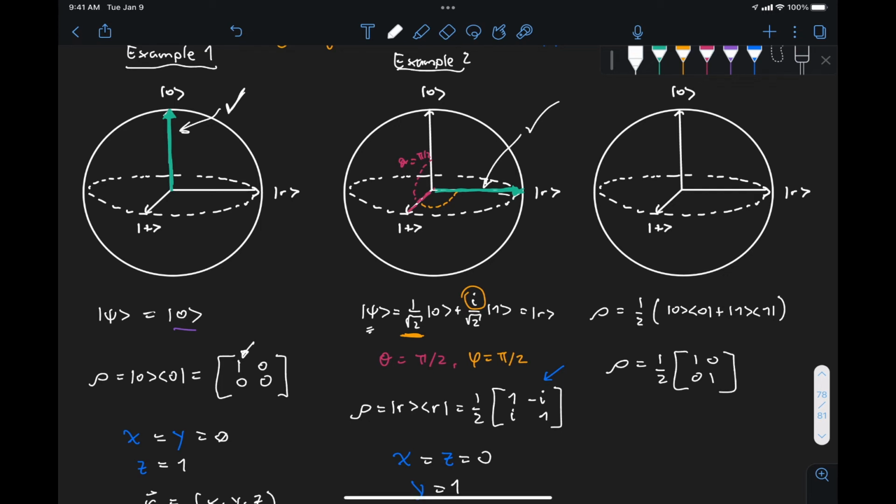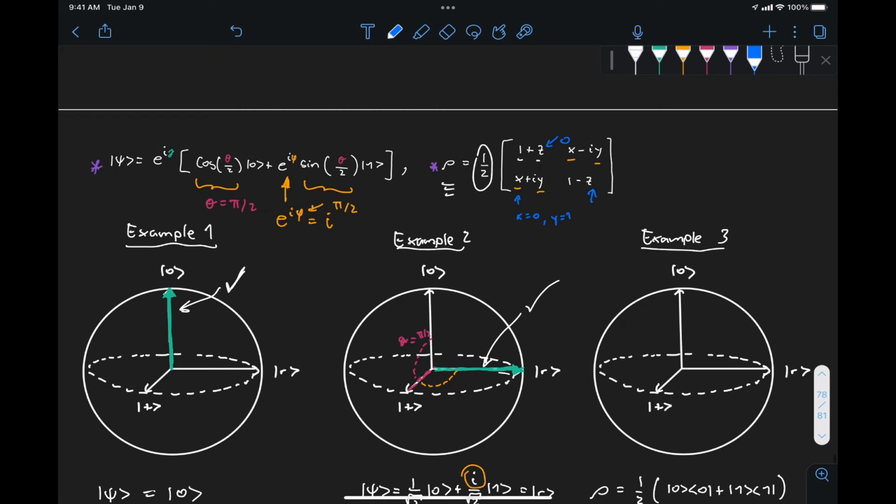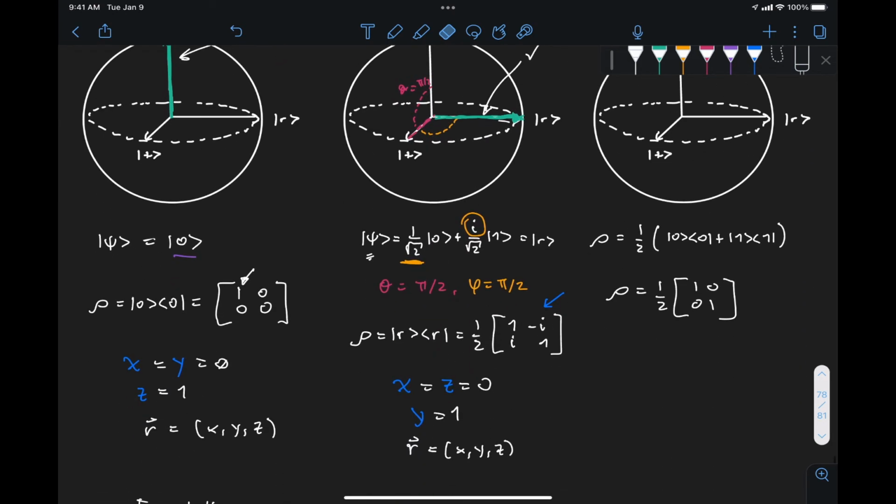So what are the values that x, y, and z must take to give us this matrix? Well, in this case, in order to get 1s in the diagonal terms, z must be equal to 0. And to get 0s in the off-diagonal terms, x and y must be equal to 0. So that means that all three x, y, and z must be equal to 0, right?